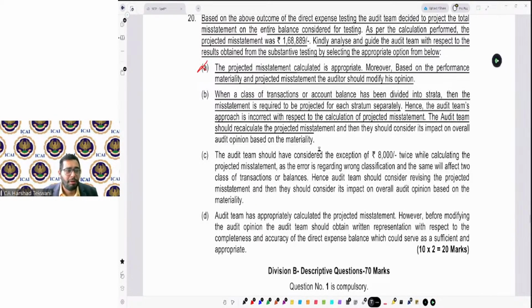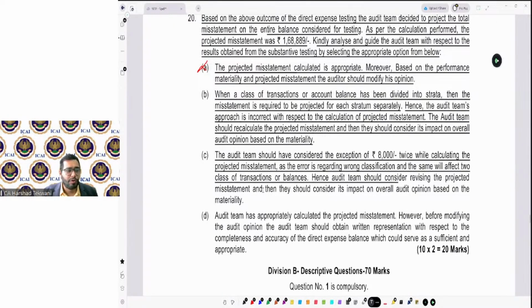But let's see the rest of the options also. Before jumping to a conclusion, let's see the rest of the options. Option C: the audit team should have considered the exception of 8,000 twice while calculating the projected misstatement, as the error is regarding wrong classification and the same will affect two classes of transactions or balances. Hence, the audit team should consider revising the projected misstatement and then consider the impact on the overall audit opinion.